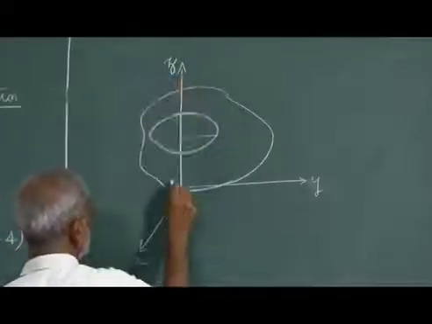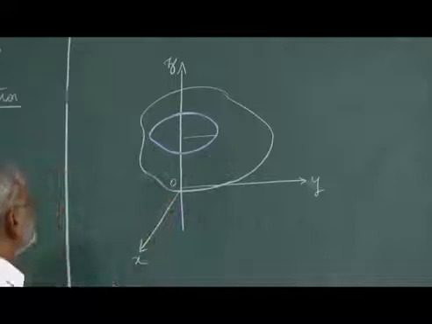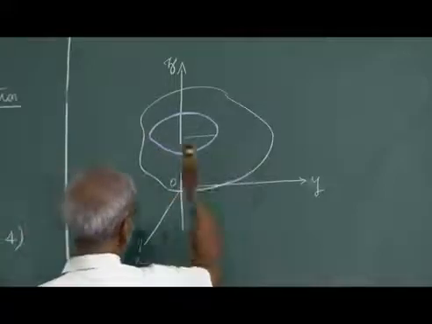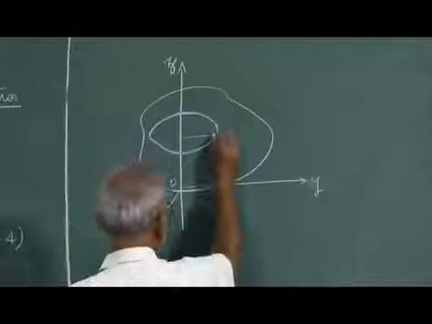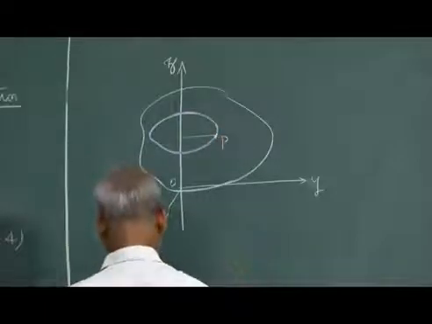So about this axis, with origin O, the rigid body is rotating. I consider a point P.